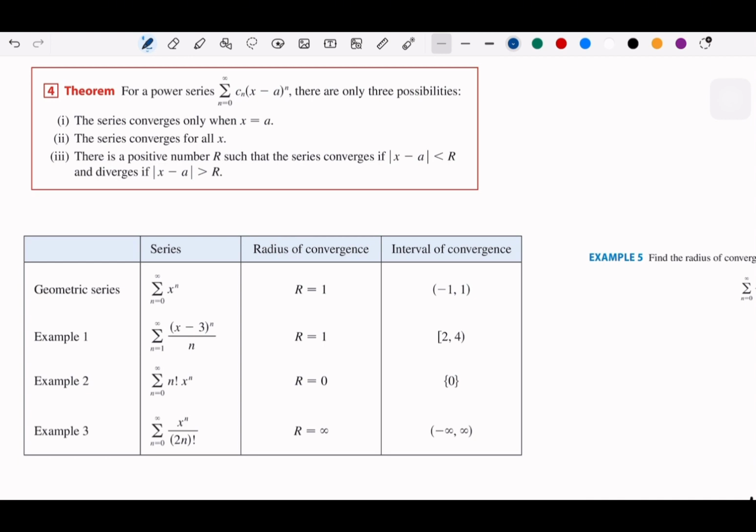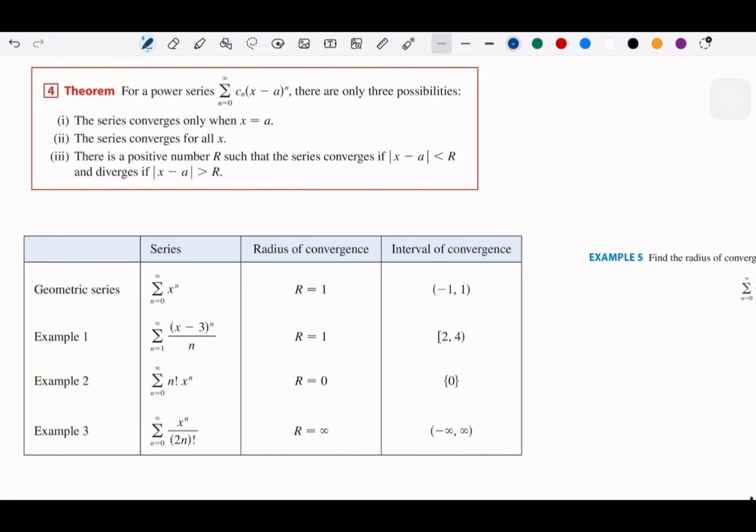This is example 1, 2, 3 from what we have done before. The radius, this is 1, okay? And now the interesting part is this has the equal to. So that is the one that I want to explain.